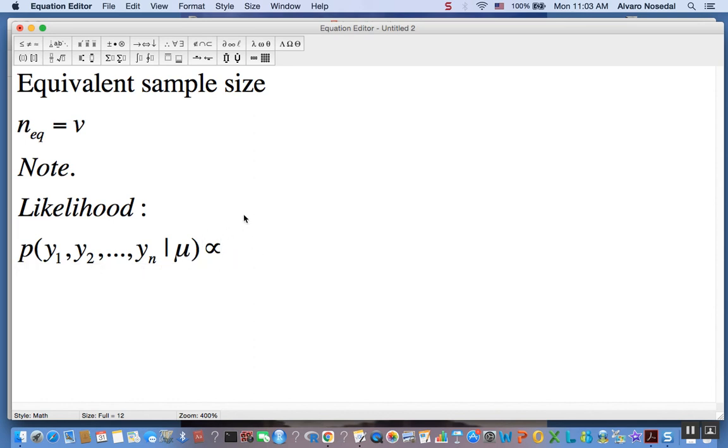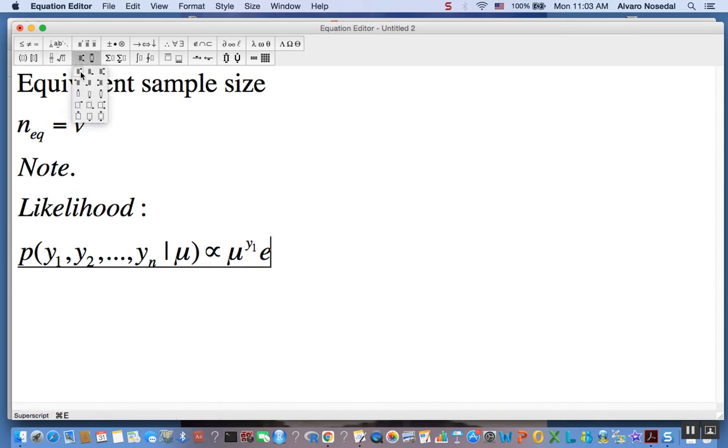Okay, so it would be mu to the power y1 for the first observation divided by y1 factorial times e to the negative mu. I am using the proportionality symbol in order to save some time and effort, so I won't be writing that y1 factorial here, and it is a constant with respect to our parameter of interest mu.